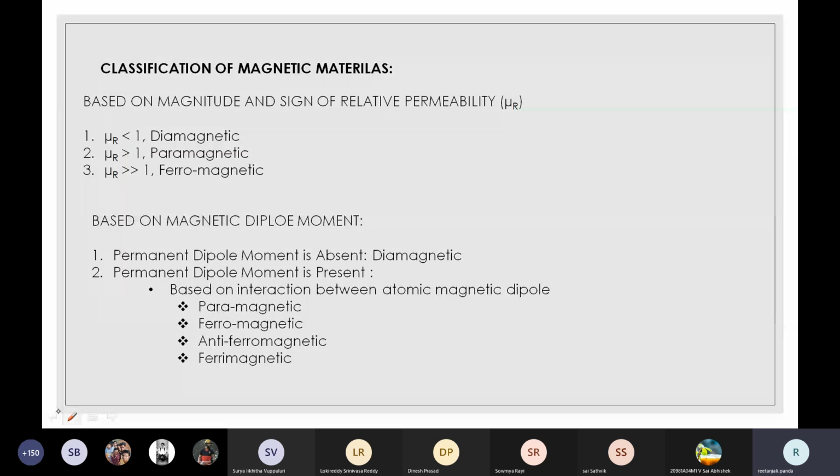now as I told you already, we have this relationship between B and H, right? So I can say that the magnetic induction B is equal to mu naught H bar plus mu naught M bar.